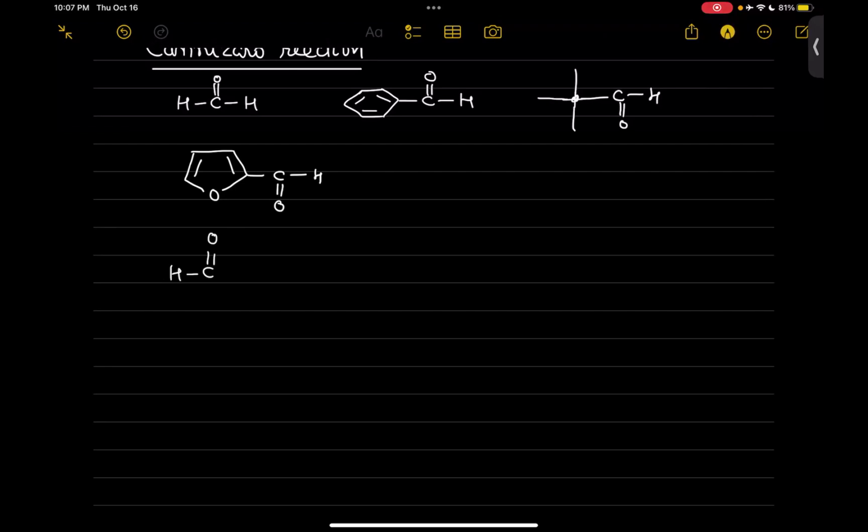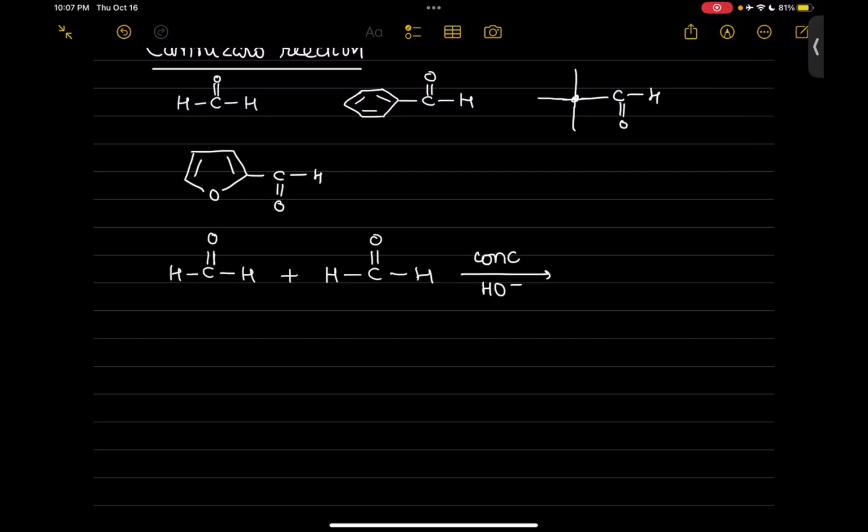The reagent is concentrated base. Aldol can occur with dilute base; Cannizzaro requires concentrated base. Formation of product is much simpler than aldol condensation, because in aldol you were trying to make a carbon-carbon bond. There you need to be very careful that the alpha carbon needs to be joined to the CO. You cannot join any two carbon atoms randomly. Got it?